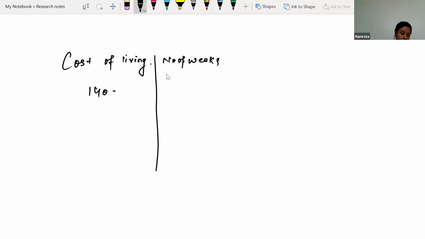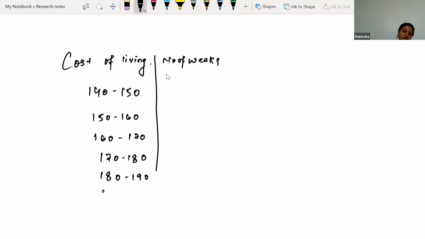The intervals are 150 to 160, 160 to 170, 170 to 180, 180 to 190, and 190 to 200. The number of weeks are 5, 10, 20, 9, 6, 2.